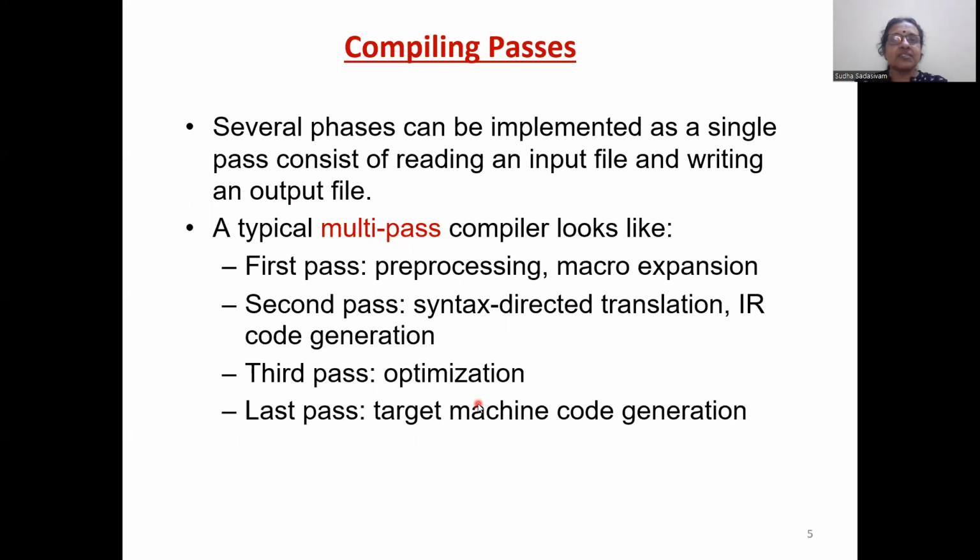In the third pass, optimization will take place. In the last pass, code generation will take place. Usually in a multiple pass compiler, these are the different passes. Otherwise, there are at least two passes, the front end or the analysis pass and the back end or the synthesis pass of the compiler.